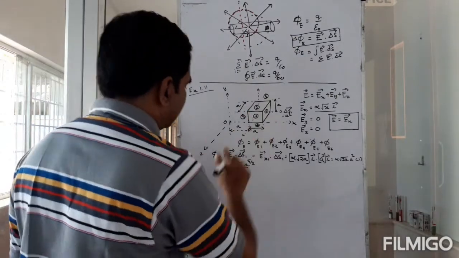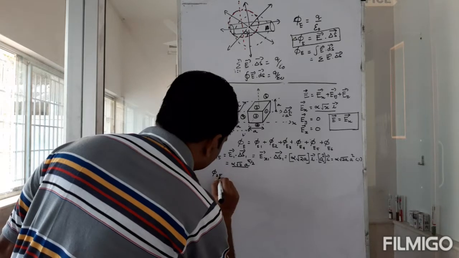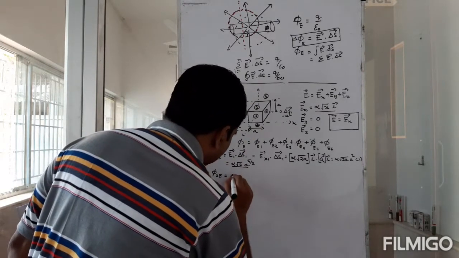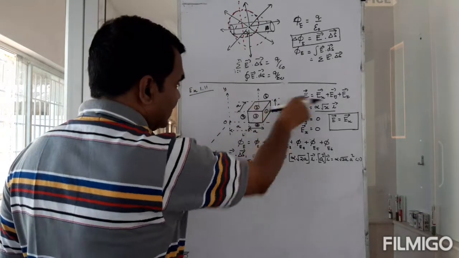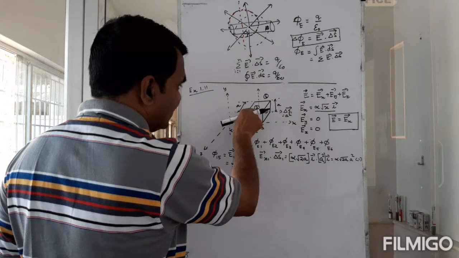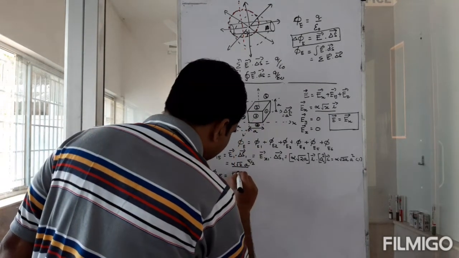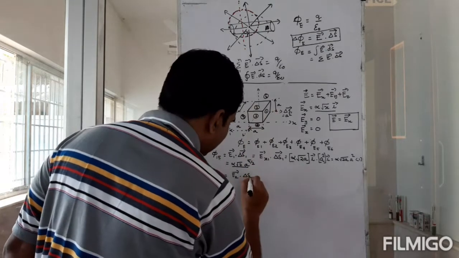But let's take the second surface, phi 2e. So I must have E2, the field value here, the E2 vector, and E2 vector dot delta S2 vector.